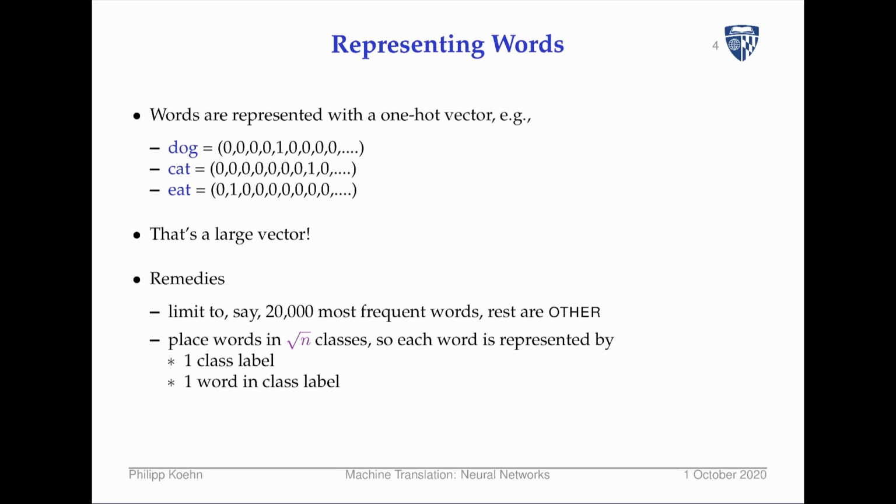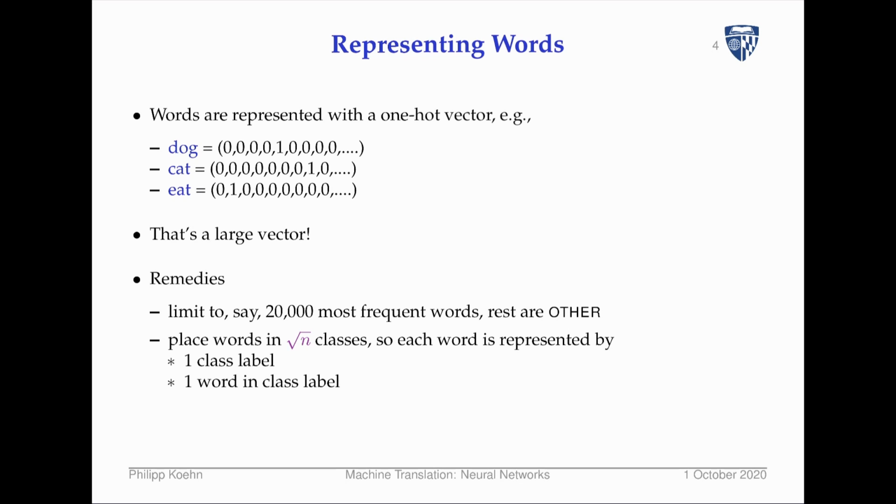Let's just look at the 20,000 most frequent words and the rest are "other." For language modeling purposes, that's probably enough, because anything that's not one of the 20,000 most frequent words is just a rare word, and then predicting it or not predicting it doesn't matter so much. It's rather rare. 99% of the time, you're not going to encounter such a word.